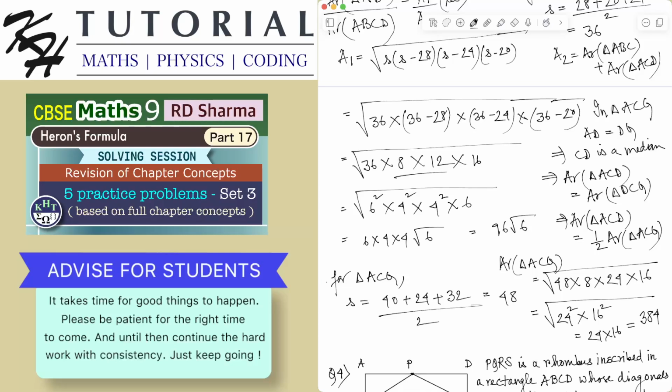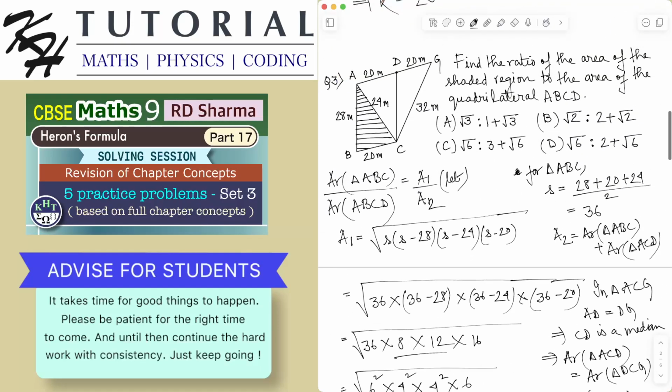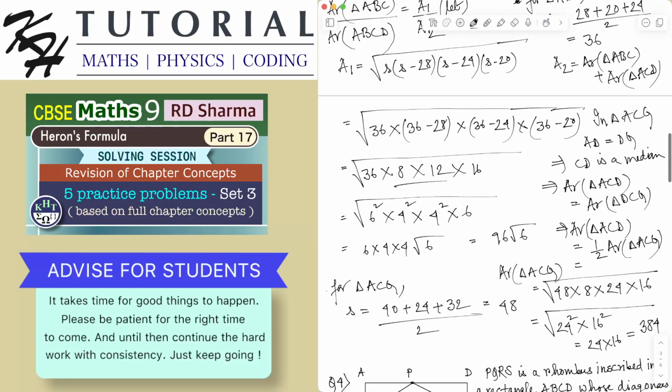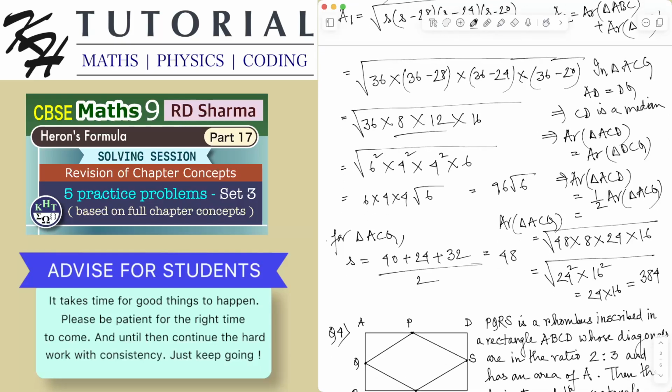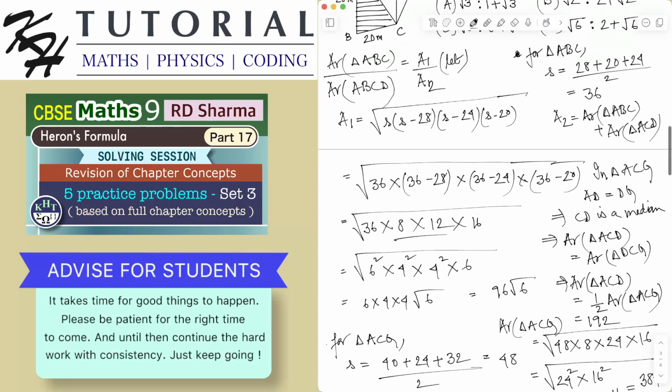Then the area of the triangle ACD is half the area of the triangle ACG, which is 384 by 2, which is 192. 192 is the area of the triangle ACD.